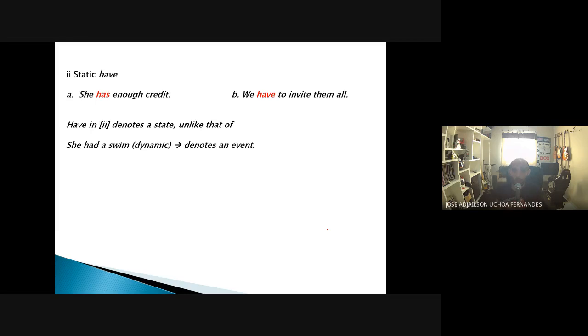Now, an example of static have. Have in the two examples of to denotes a state of being. Unlike she had a swim. In she had a swim, we have a dynamic have. It denotes an event. In she has enough credit, having credit, it's not an action.